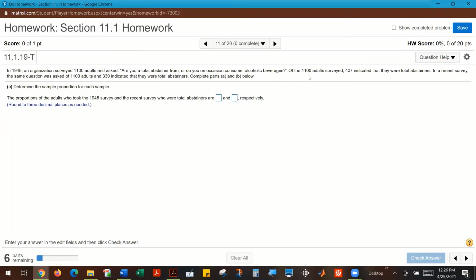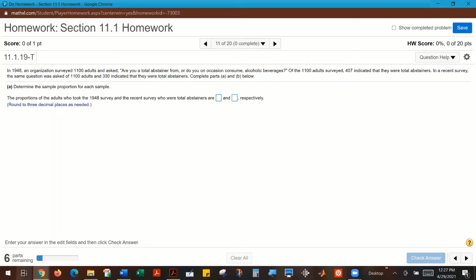So out of those 1100 adults, 407 said they were total abstainers. So this was from 1948. And then in a recent survey, the same question was asked of 1,100 adults and 330 indicated that they were total abstainers. So as you can see, the first question is they're asking us to find sample proportion for each one of these samples, so from 1948 and the recent one.